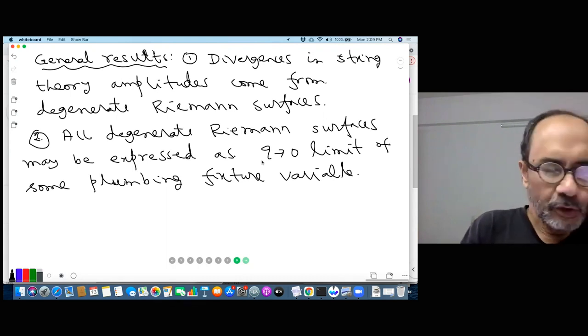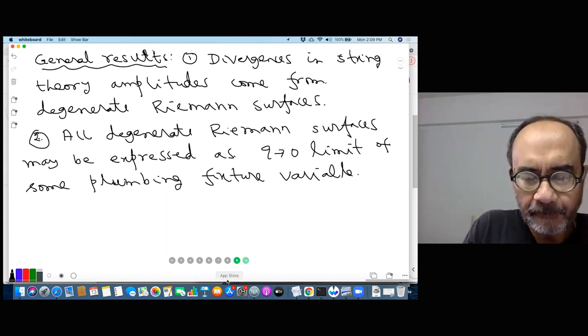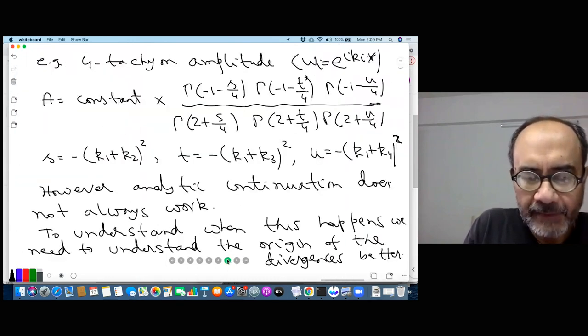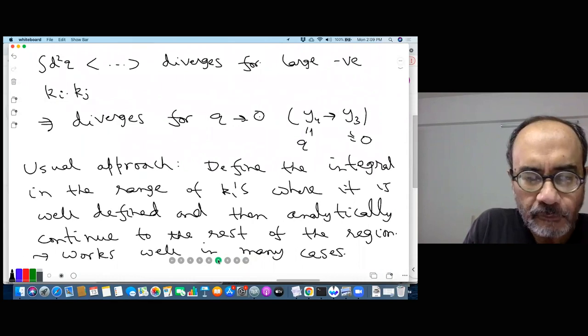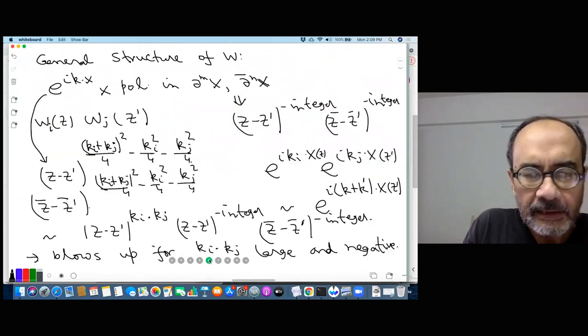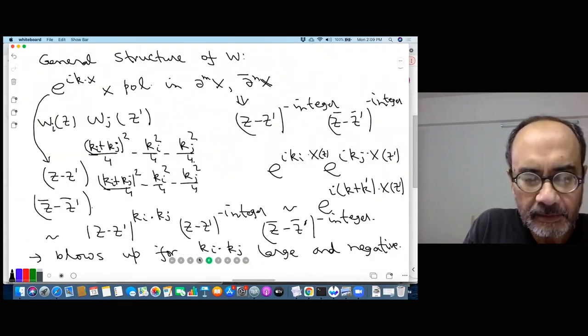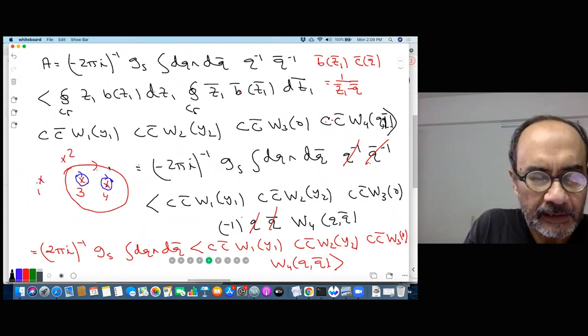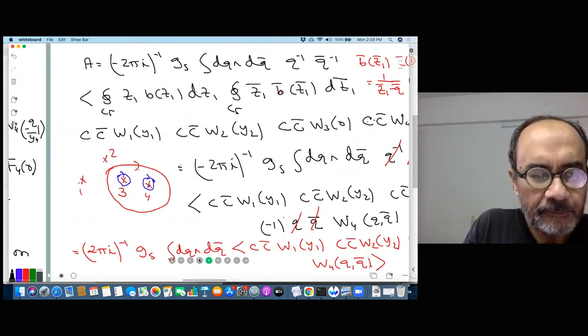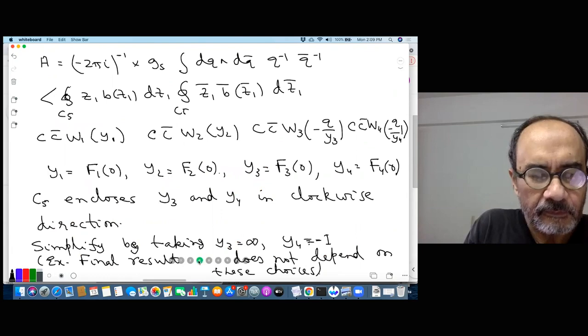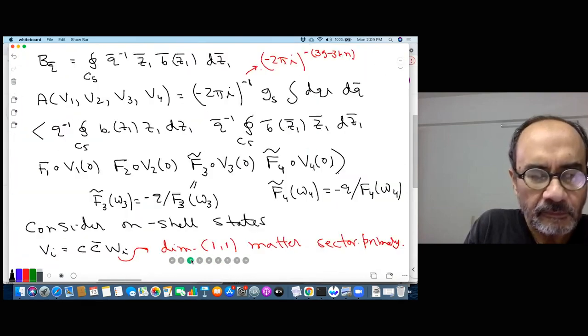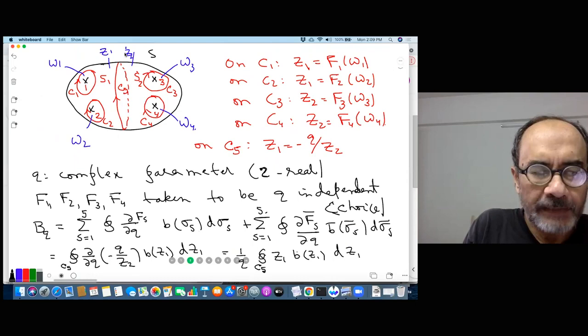Okay. So from this perspective, this 4-punctured sphere that you saw, let me go back here. Yeah, one more step. Yeah, so this 4-punctured sphere, in the q goes to 0 limit becomes a degenerate Riemann surface.